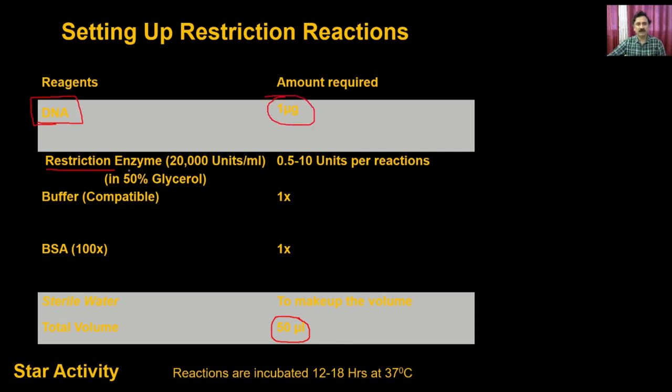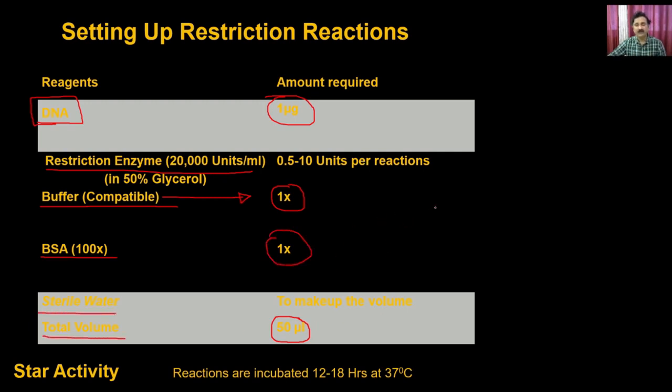Then you put in the restriction enzymes; if you are doing a single digestion or a double digestion, you can use one enzyme or both enzymes. Then you use the buffer where the enzyme has activity, and then you use BSA and water, and the final volume should be 50 microliter.